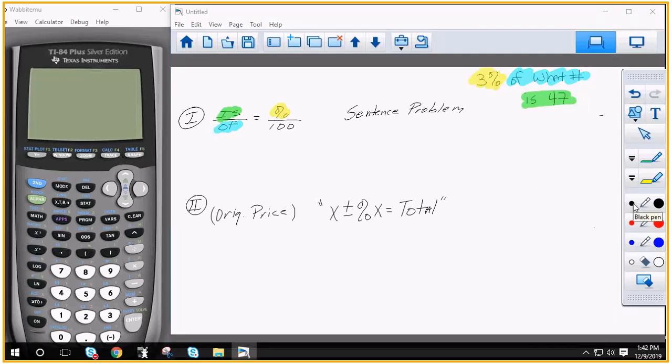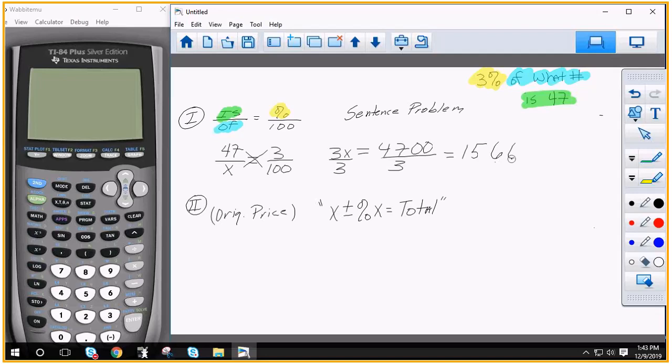Type it in or plug it in. 47 over x is equal to 3 over 100. 3x is equal to 4,700. Divide by 3, divide by 3. 3 will go into 4 one time. 3 will go into 17 5 times. 3 will go into 20 6 times.